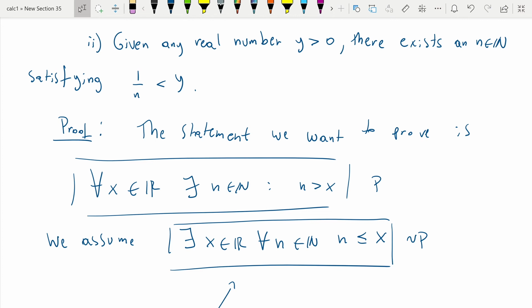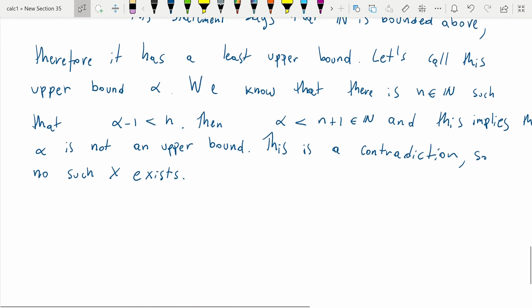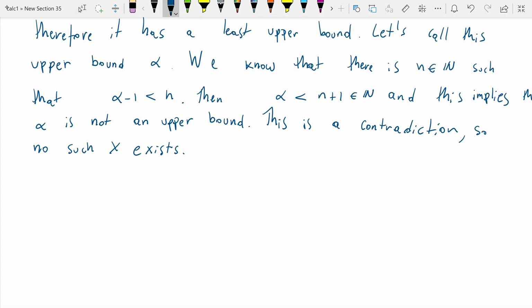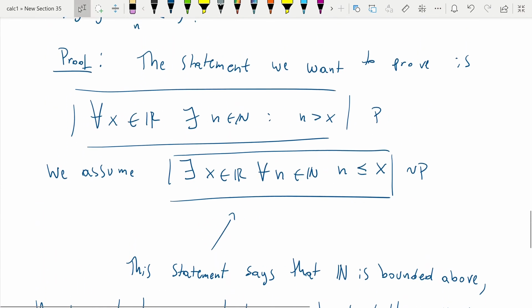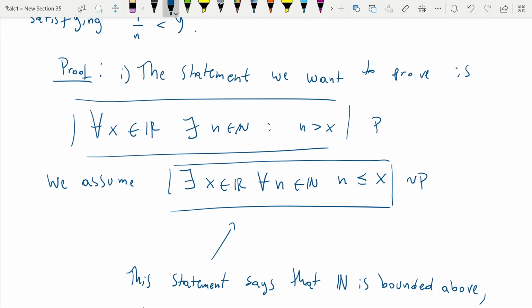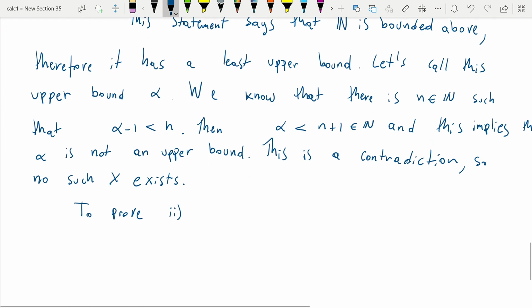Now to prove the second statement, proof of II, we rewrite the property. We simply rewrite it in a way that it becomes a matter of finding a natural number bigger than a certain real number.